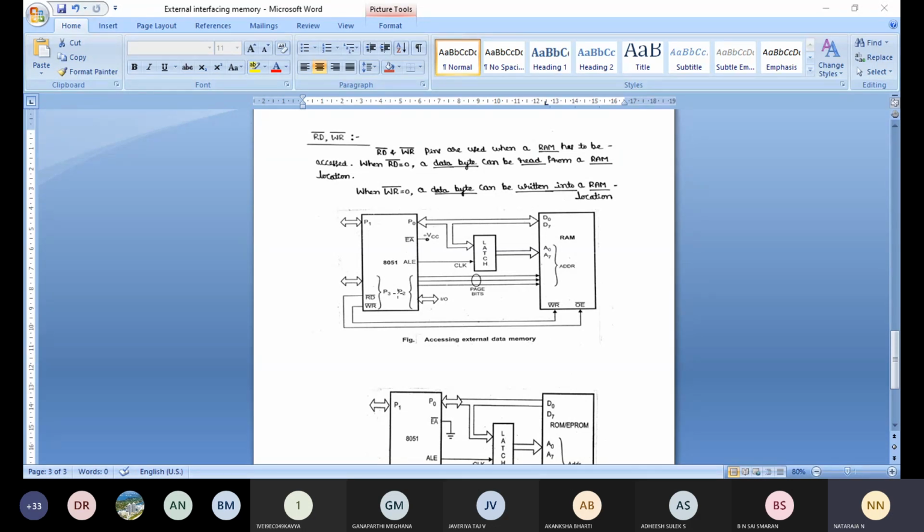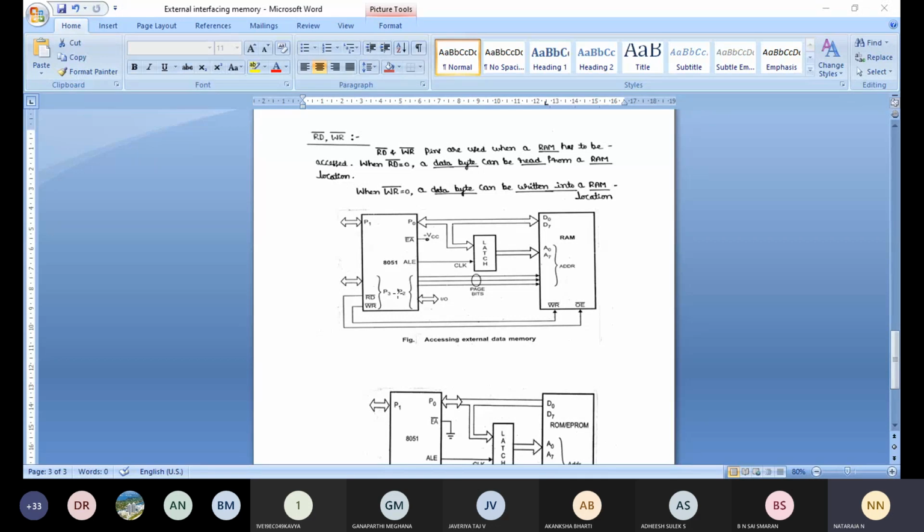When PSEN is equal to 0, it activates the output enable signal of the external ROM. When the 8051 is accessing program code from an external ROM, PSEN is connected to the enable pin of the ROM chip.